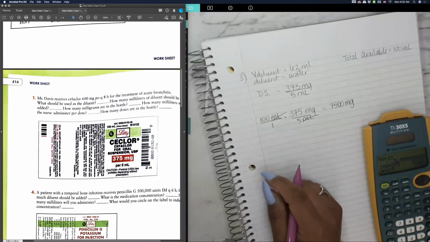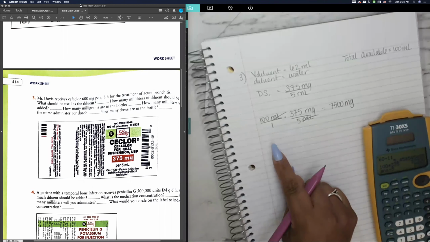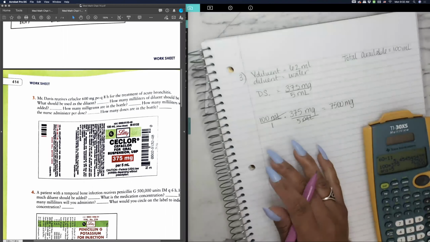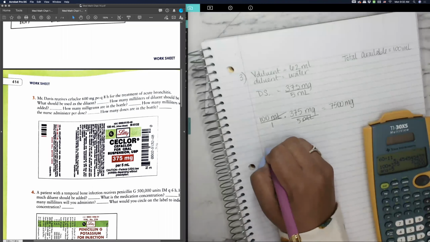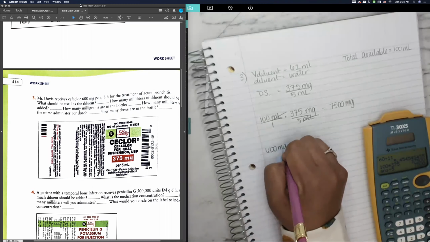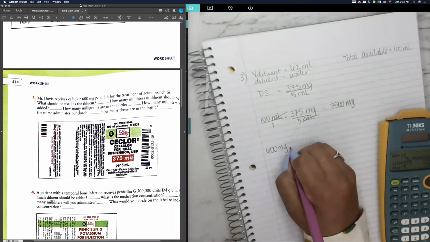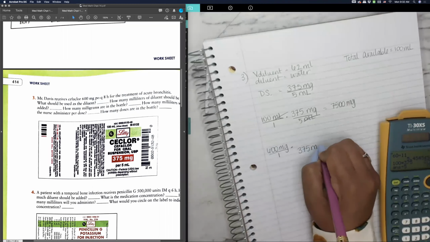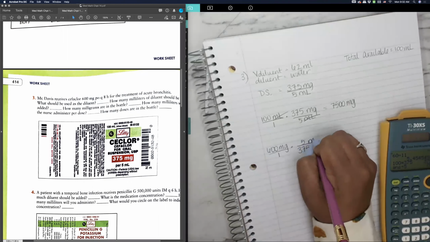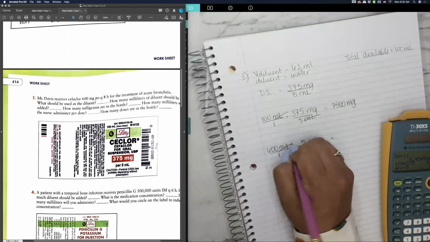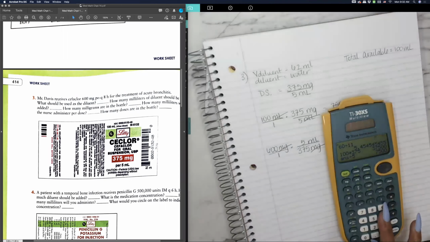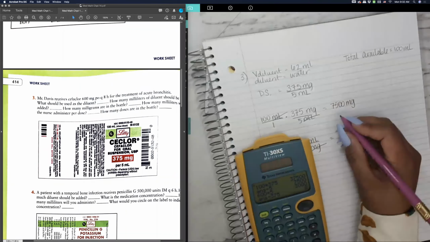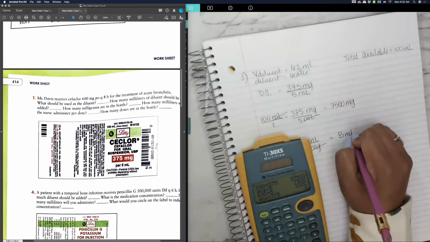Okay, so now we look at the doctor's order, what we've been doing thus far. So the doctor's order is 600 milligrams, and we still use the dosage strength. So 375 milligrams per 5 milliliters. We cancel our units of milligrams. And we're going to take 600 times 5 divided by 375, and that's going to give us 8 milliliters.